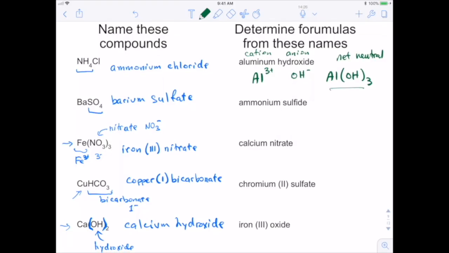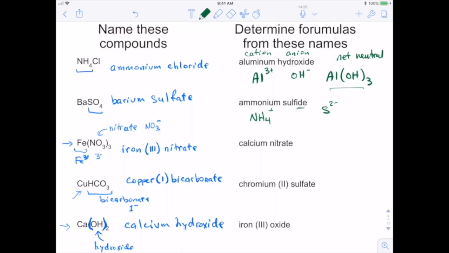Ammonium sulfide. Now ammonium, that's the ammonium ion, NH4, right? That's normally singly charged. Now this is sulfide, not sulfate and not sulfite, but sulfide. Right? That means it's simply sulfur that's formed an anion. It's picked up 2 electrons.